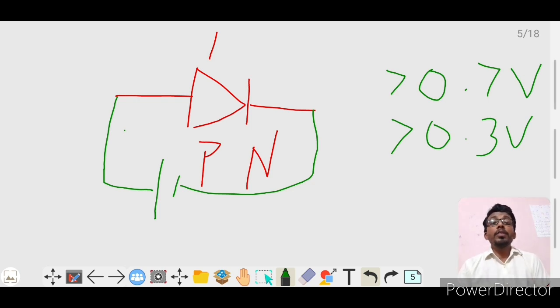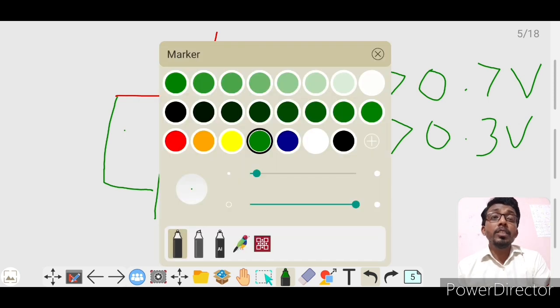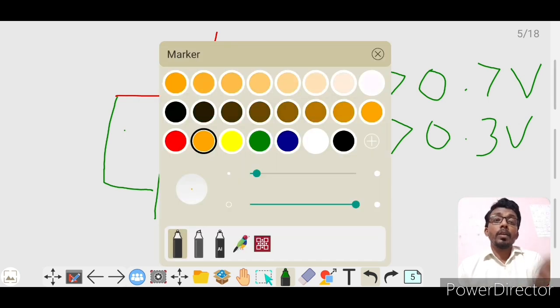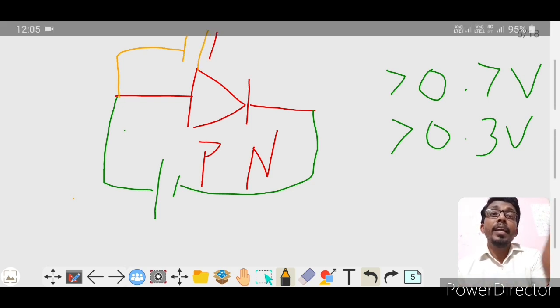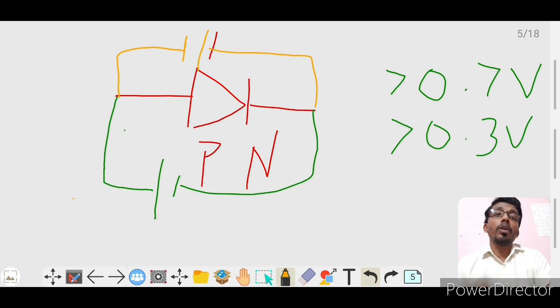But this is not the situation for reverse bias. What actually does reverse bias mean? Suppose I am showing the same diode. Now I am connecting the positive terminal to the negative side and the negative terminal to the positive side.